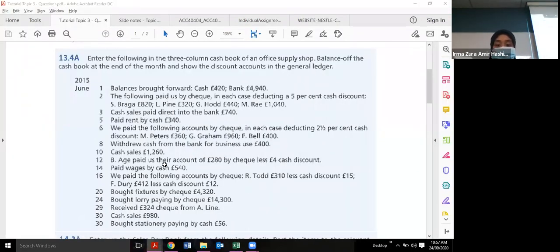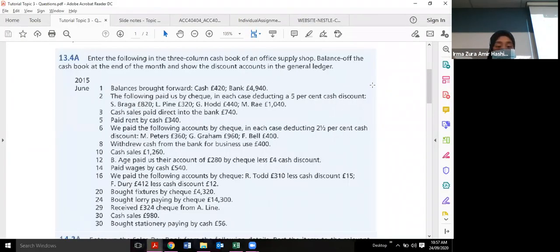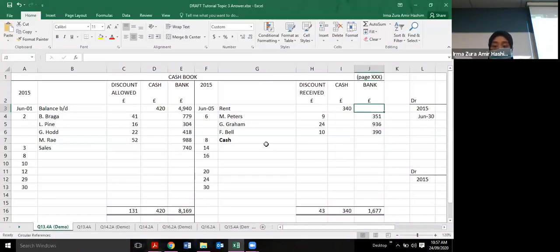So here, the one that will be reduced is your bank account, right? So the contra one will be cash. So you write it here. This is the bank one, because you withdrew the money from the business bank account. How much is it? Oh, here, 400. So this is contra. And then here, this is cash.